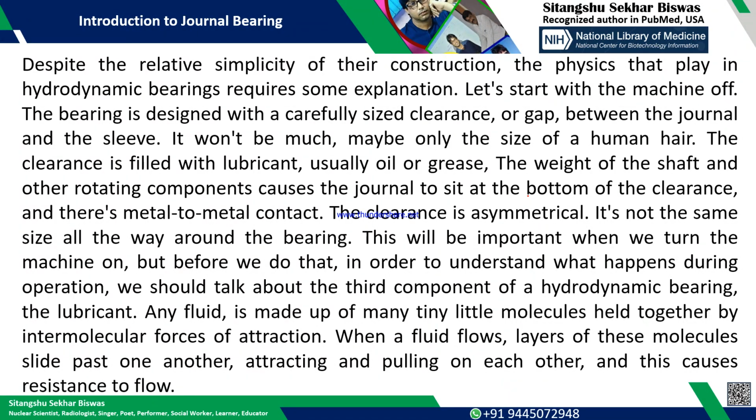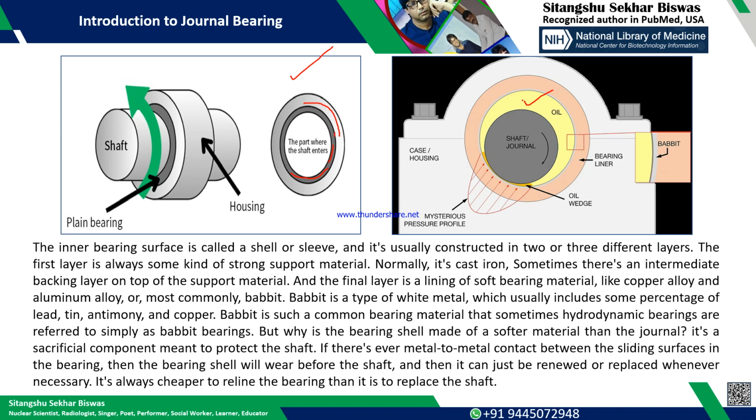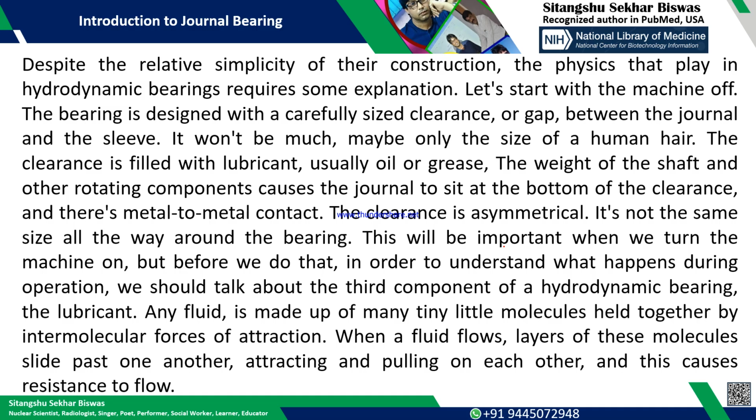So, what I was telling, when the machine is off, the shaft is not rotating. The weight of the shaft and the other rotating components, or impeller, causes the journal to sit at the bottom of the clearance, and there is metal to metal contact. You can see here the gap, the yellow colored portion, is not uniform everywhere. This will be important when we turn on the machine.